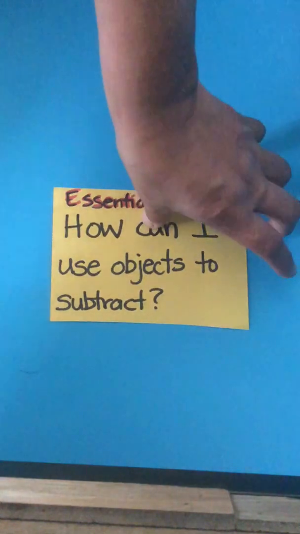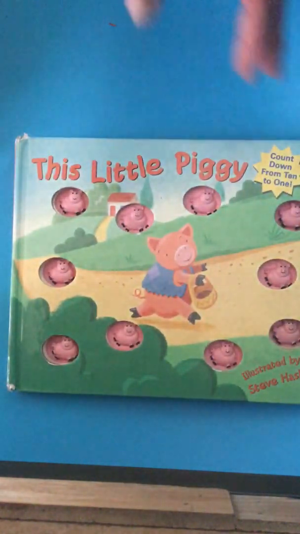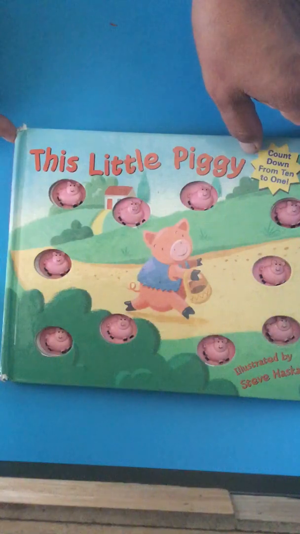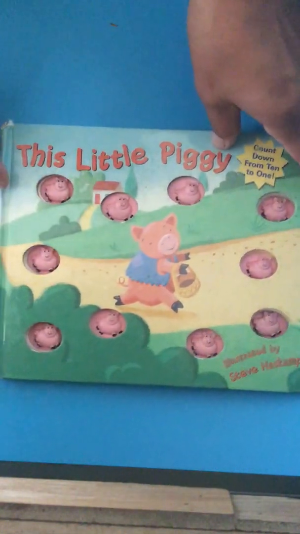So to introduce subtraction, I have a quick little story here. This story's called This Little Piggy by Stephen Hampskin. And that's a countdown book, so it's going to be taking away one in each part of the page.